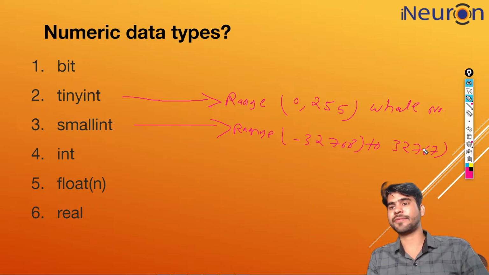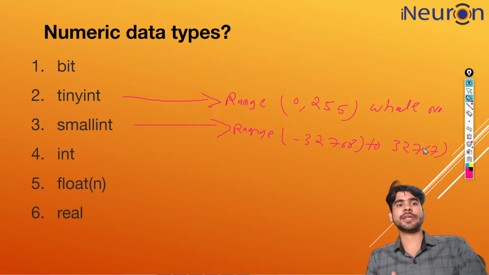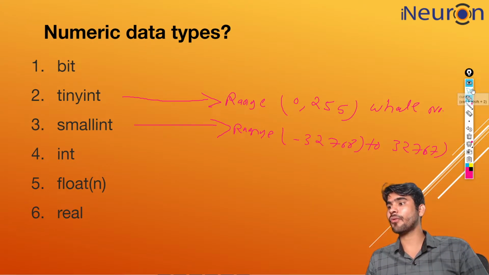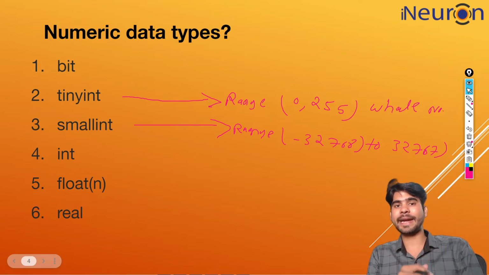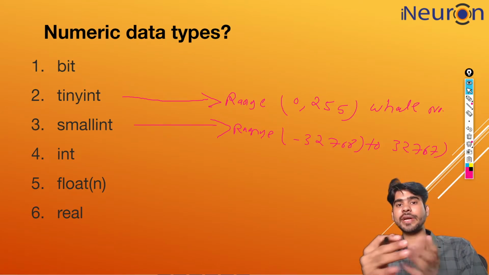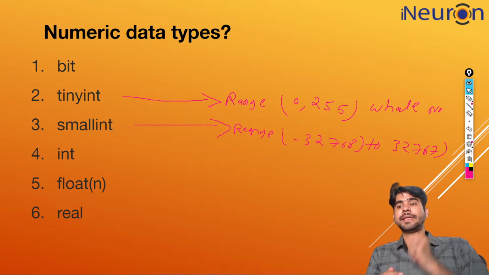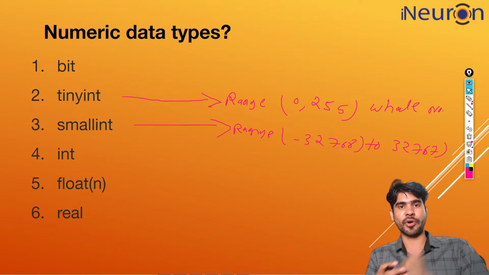So the range is different. Tinyint and smallint both define whole numbers. So whenever you want to add a whole number in any particular table or column, you can use tinyint or smallint.